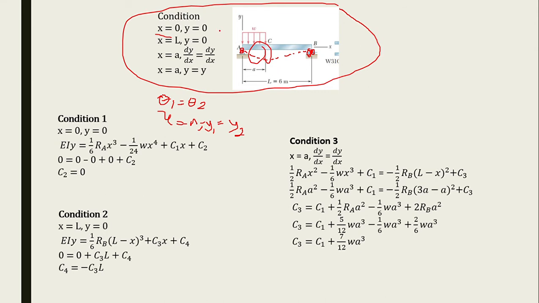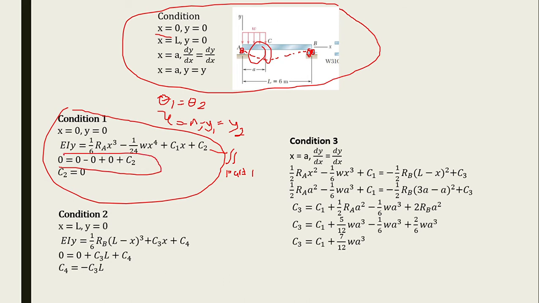Now we apply the boundary conditions to the equations that we got before. For condition 1, we input into the second integration of the first part x equal to 0 and y equal to 0. Then we get 0 0 0 0, so C2 equals 0.